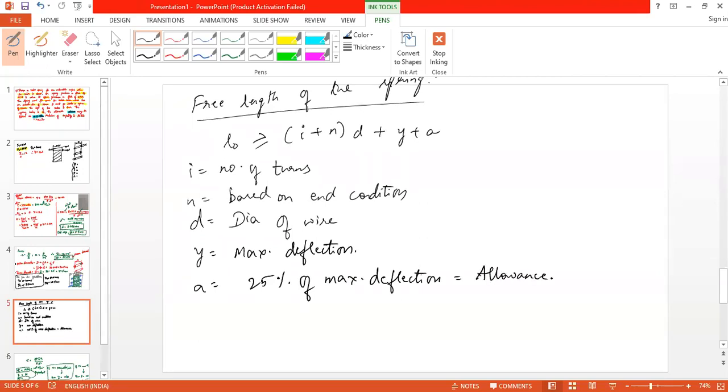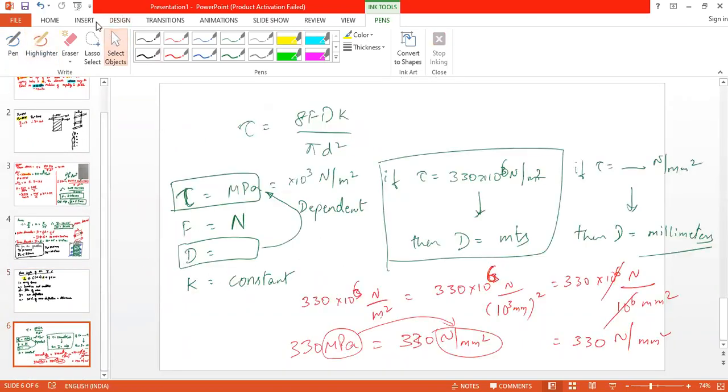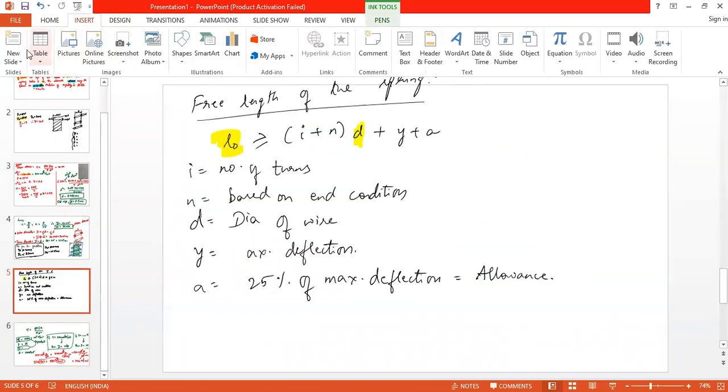It is the allowance. So to find L naught, I should know all these values. Now I know the value of d, but I don't know the remaining values. So I need to find out the number of turns.